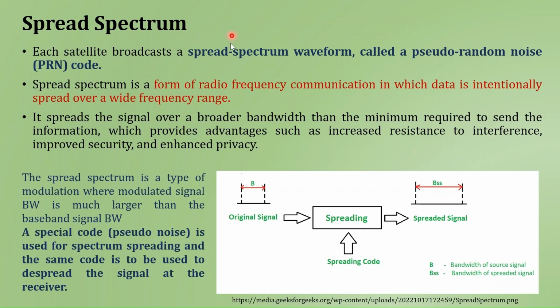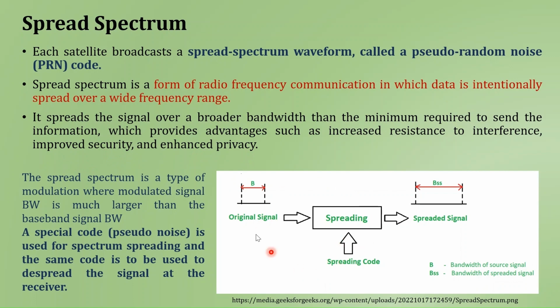So spread spectrum is a form of radio frequency communication in which the data is intentionally spread over a wide frequency range, over a broader bandwidth than the minimum required to send the information. This process provides advantages such as increased resistance to interference, improved security, and enhanced privacy.